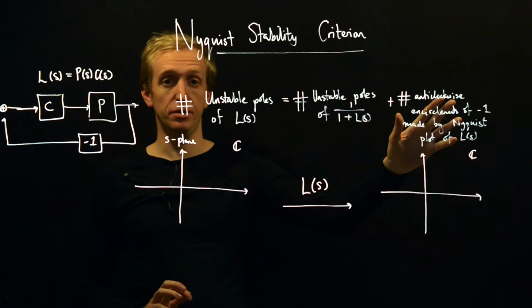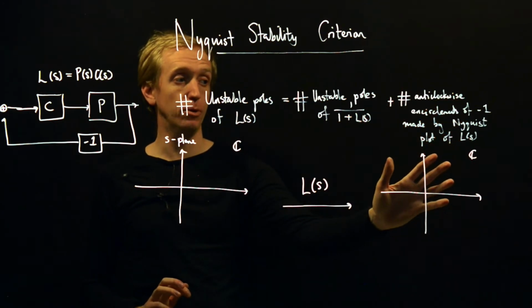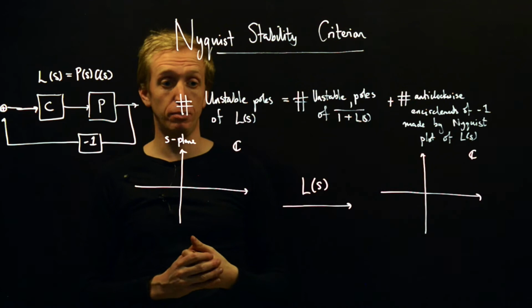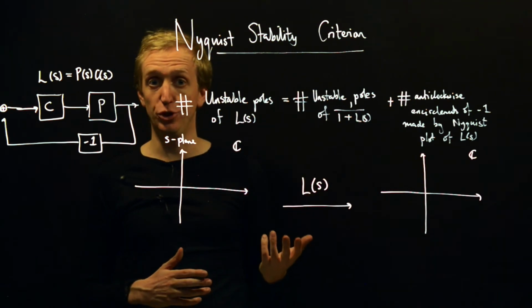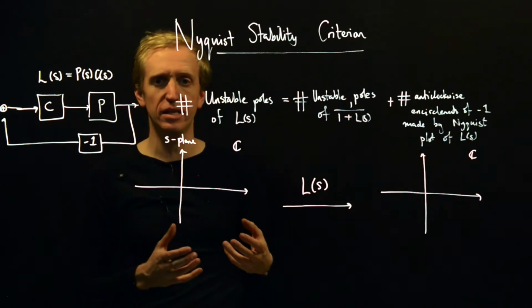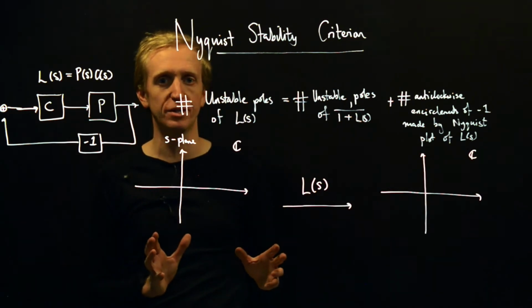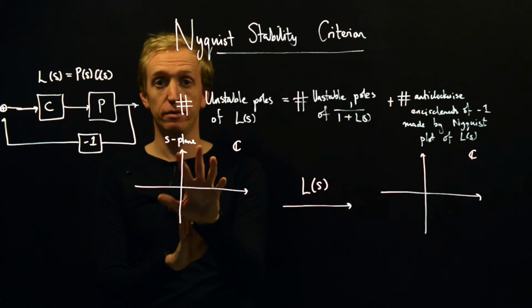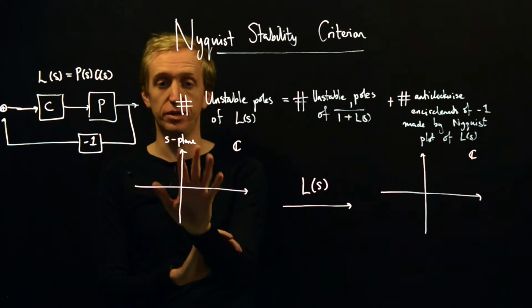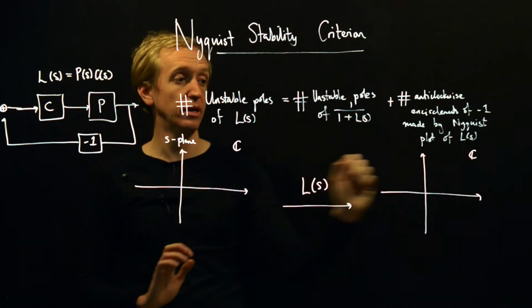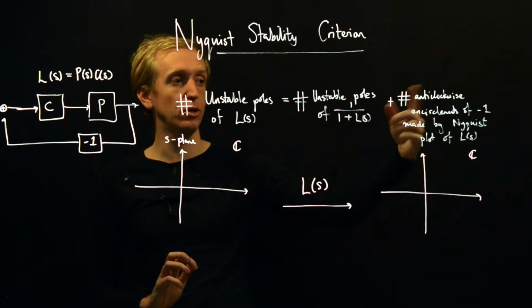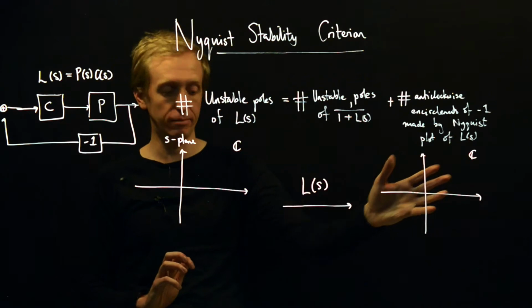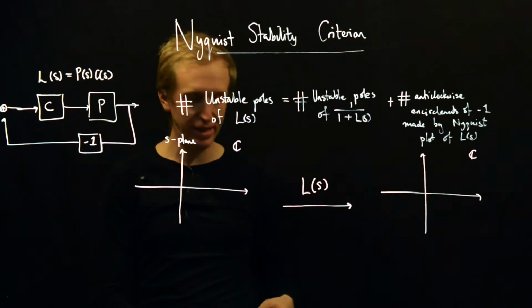The Nyquist plot, however, lives in the output plane, and in particular, the Nyquist plot is the plot of L of S for values of S equal to j omega. So we've got some pieces coming together. This is good news for the argument principle. The argument principle was connecting poles and zeros in the S-plane in some region to winding number type encirclement criteria in this output plane. So we've got a lot of the right pieces.